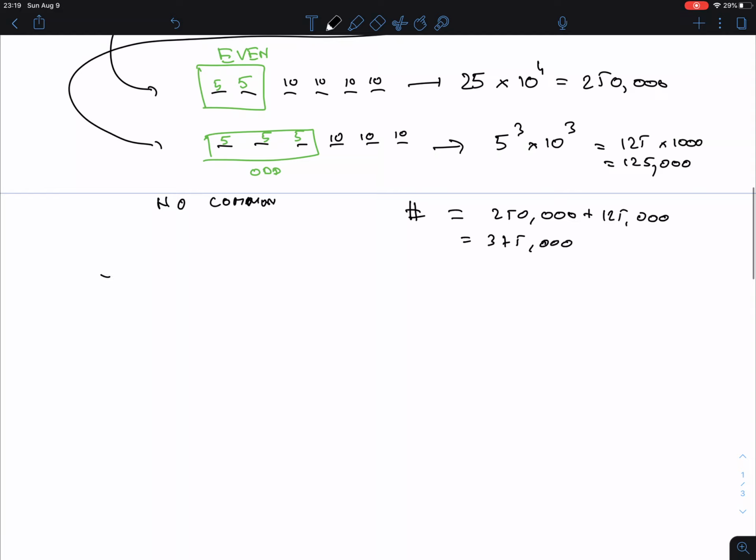All right, so let's do another one. And in 4 different even digits.